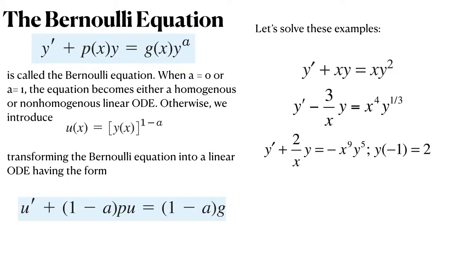So, what if a is 0? Y to the power of 0 is equal to 1. So, it is reduced into a non-homogeneous linear differential equation. But if a is equal to 1, meaning that it is g of x times y, we transpose it to the other side and combine them. So, our new p of x is equal to p of x minus g of x.